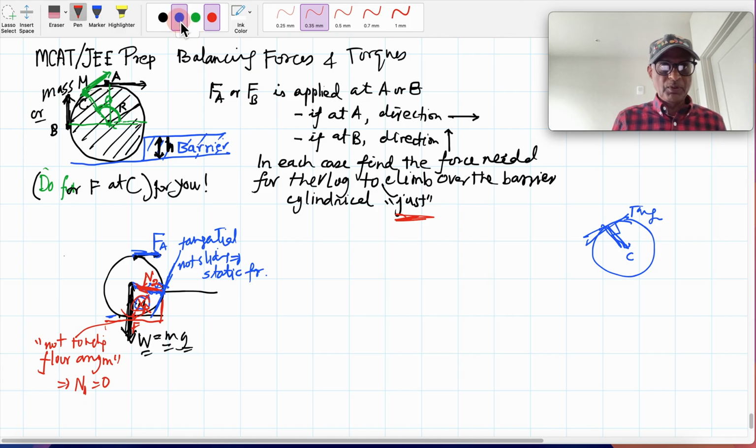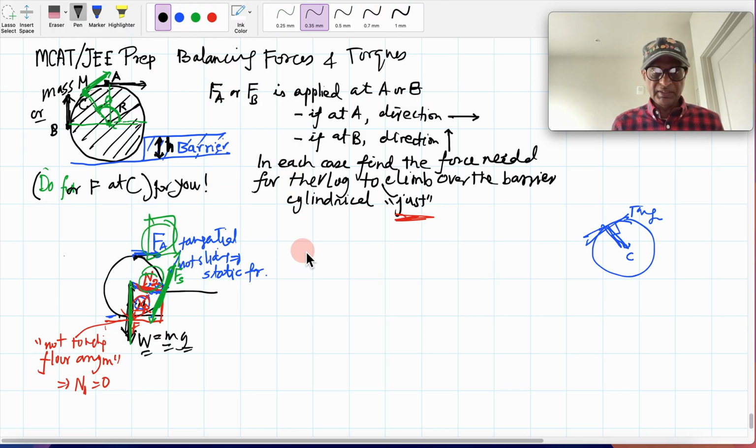So over here, the only forces are gravity, the normal, and the friction along this direction. I don't know if it's going to be this way or this way; we don't know yet. You can just take it this way if you want, Fs. That is the thing we need to figure out. So it is in static equilibrium.